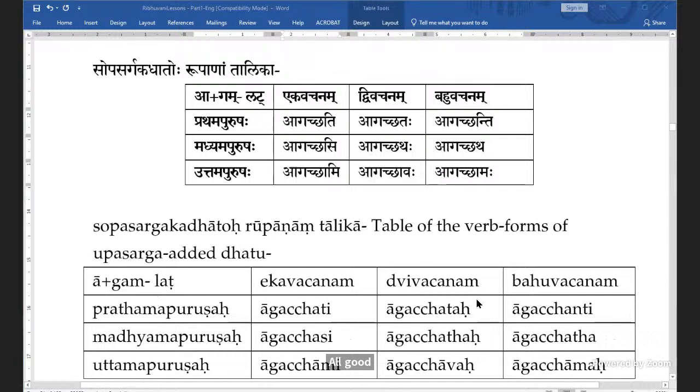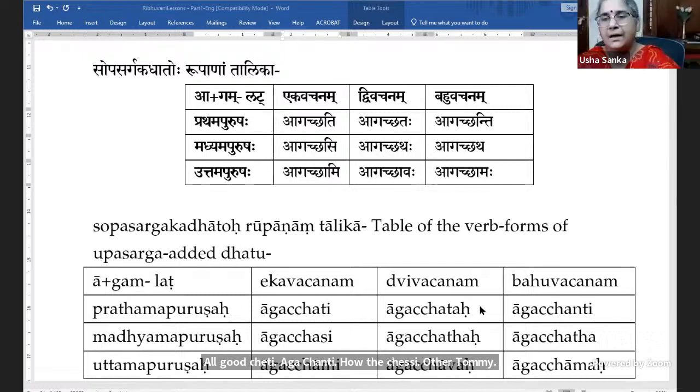Agachatah. Agachanti. Agachasi. Agachatah. Agachatha. Agachami. Agachavaha. Agachamaha. Same. Can Ivan try with Prati and Vad? Pratibad. Seeing this, please construct the forms.